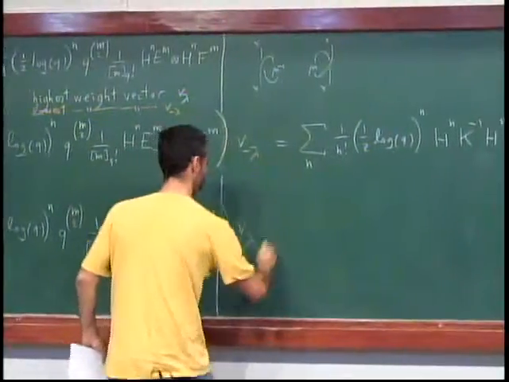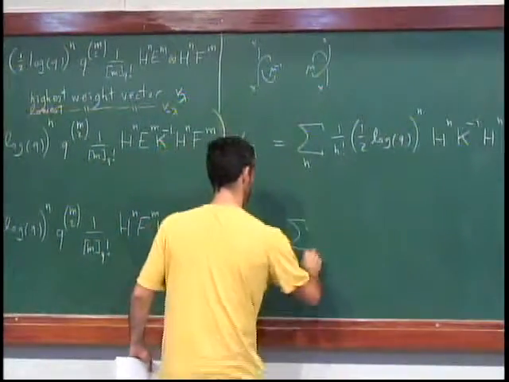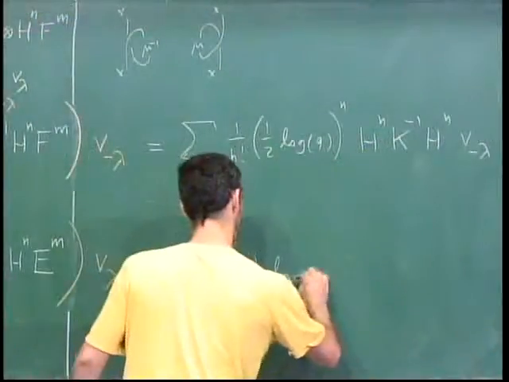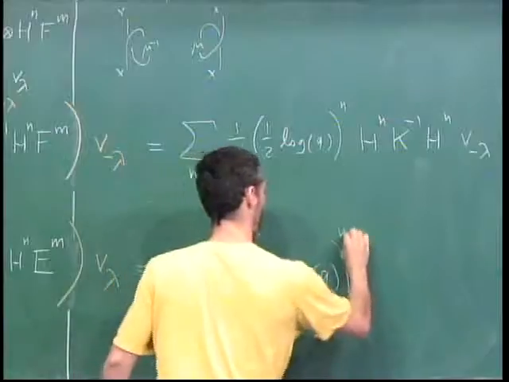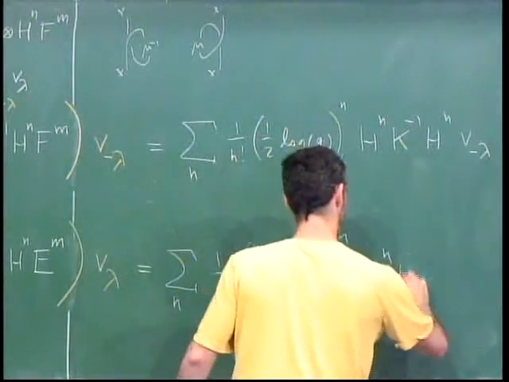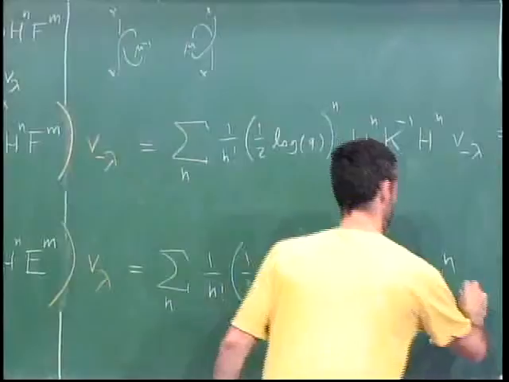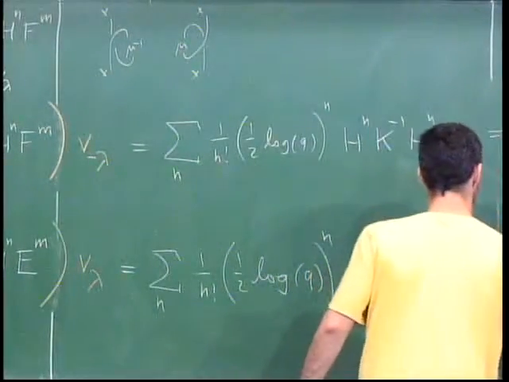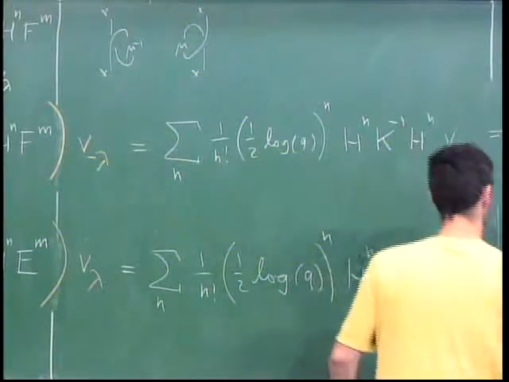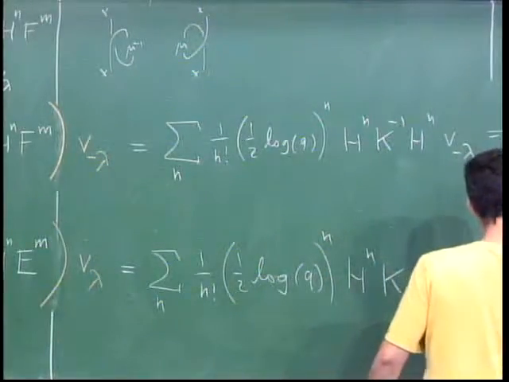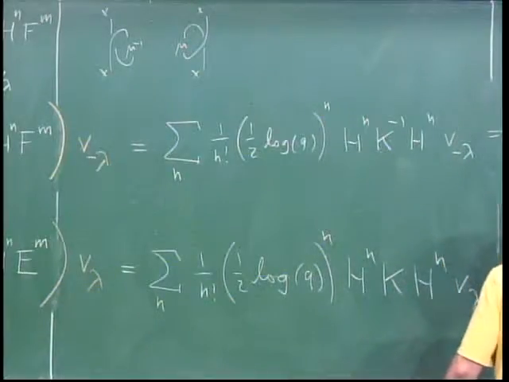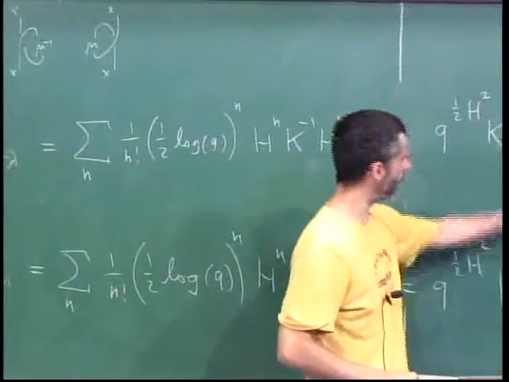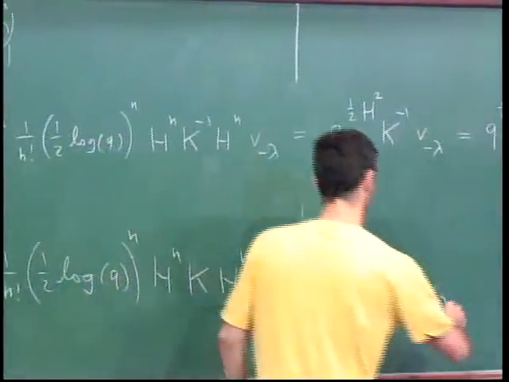So the difference is that I have here k instead of k inverse and v lambda instead of v minus lambda.